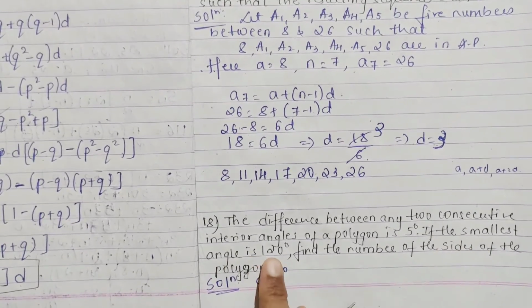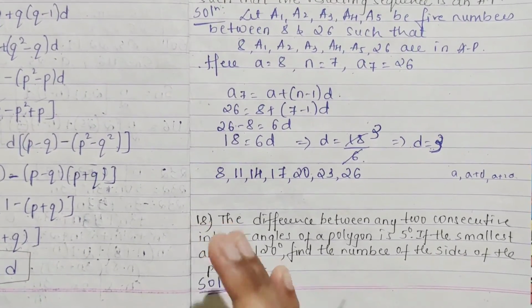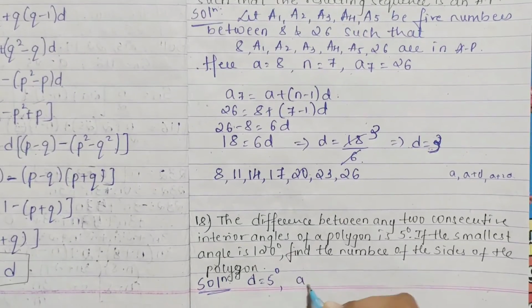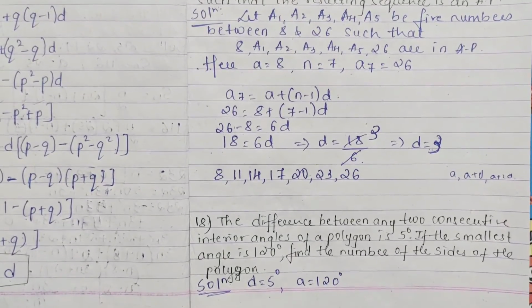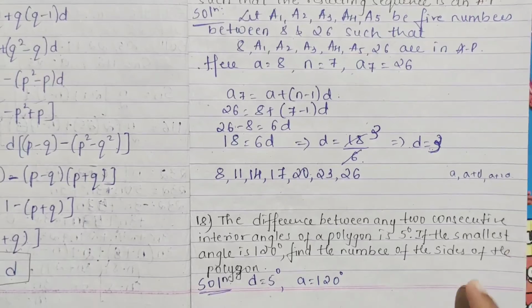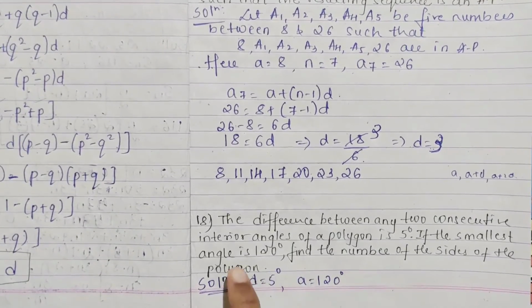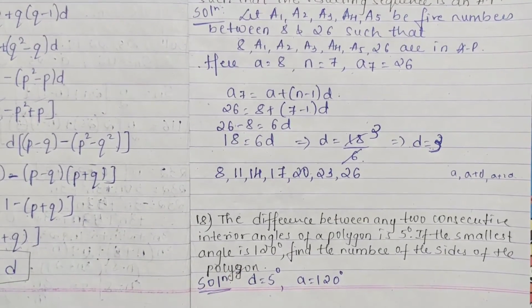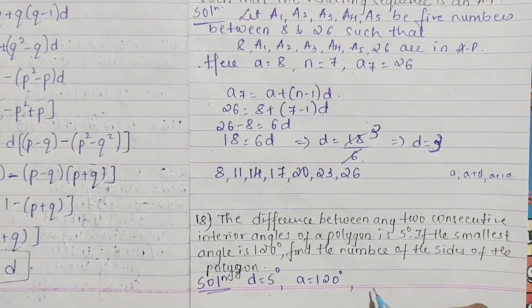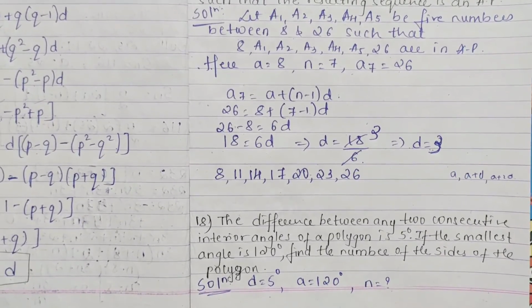If the smallest angle is 120, smallest means the start one, so A is 120 degrees. Find the number of sides of the polygon. Number of sides means they are asking for N. So we will see.